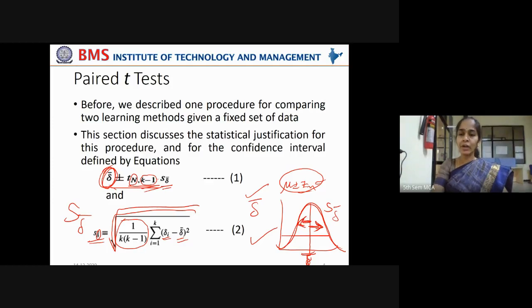Now we are trying to find out the standard deviation S delta bar. Instead of sigma, we are using S here, so that you will not get confused between this paired t-test and other tests. Okay, so S delta bar is the deviation from the mean value with respect to the error that is encountered across all the partitions, across iterations.